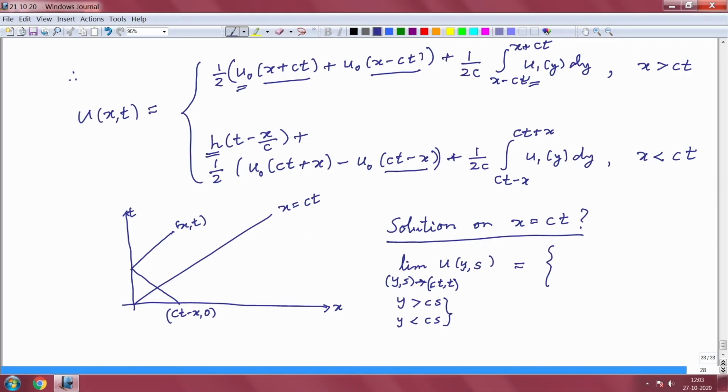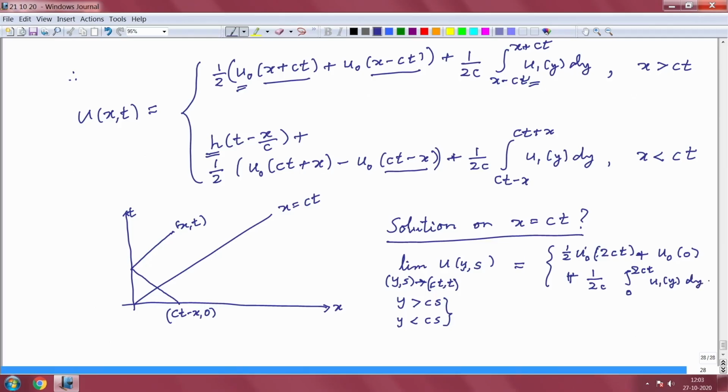So, what you get is half u_0(2ct) plus u_0(0) plus 1 by 2c, integral from 0 to 2ct of u_1(y) dy.